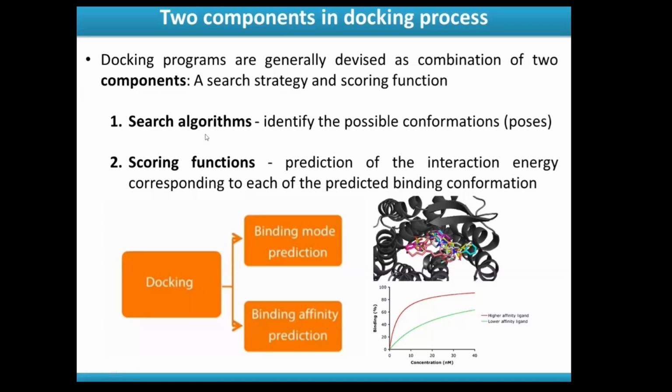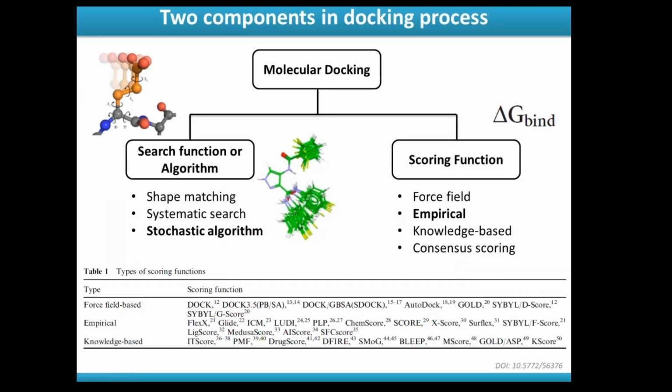So the first thing is the search algorithm, which generates multiple ligand structures. And second is the scoring function, which scores those binding conformations at the protein binding site. So these are two important components of molecular docking.